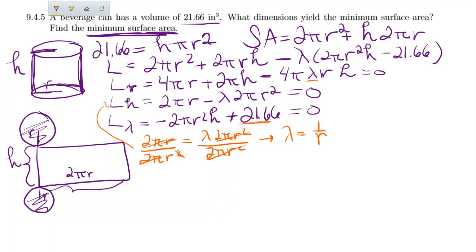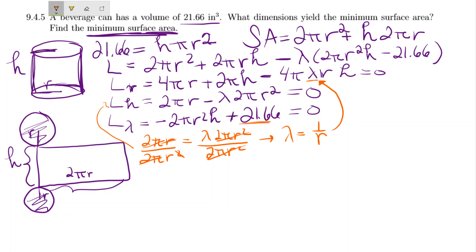So now I'm going to take this, and who do I want to substitute into? I'm thinking this one. Give me a second. Yeah. Because that will give me 4 pi h. Yeah, that's going to reduce down a little bit to something we can use.